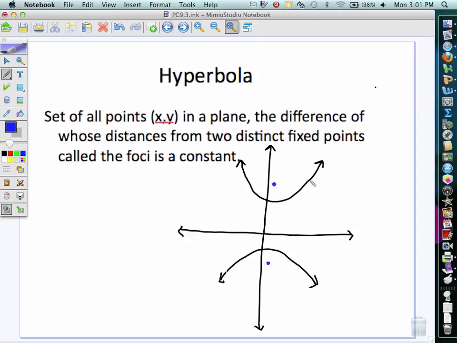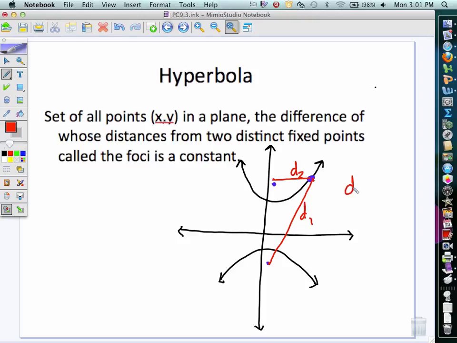If I find a point on one section of the hyperbola, the distance between this point and the two foci, let's call them D2 here and D1 here.